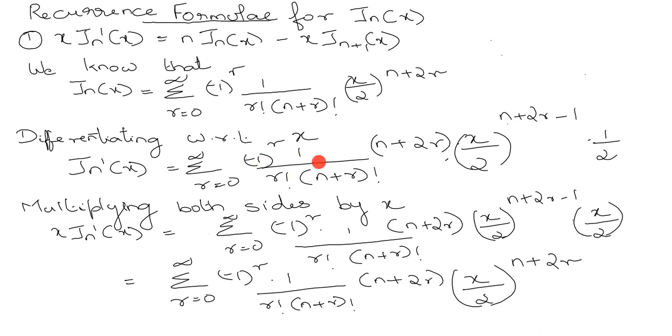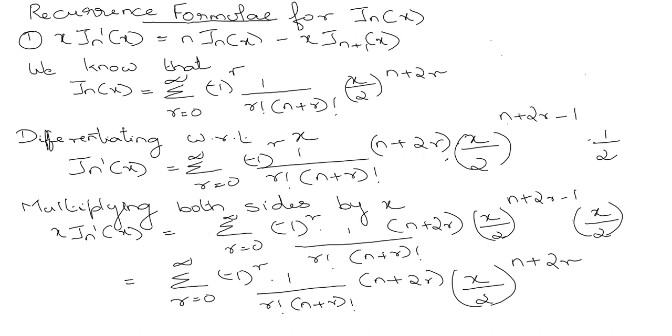These terms do not depend upon x, and what we have to differentiate here is (x/2)^(n+2r). This is of the form d/dx of x^n, which is n x^(n−1). Here in the place of n, it is n + 2r.